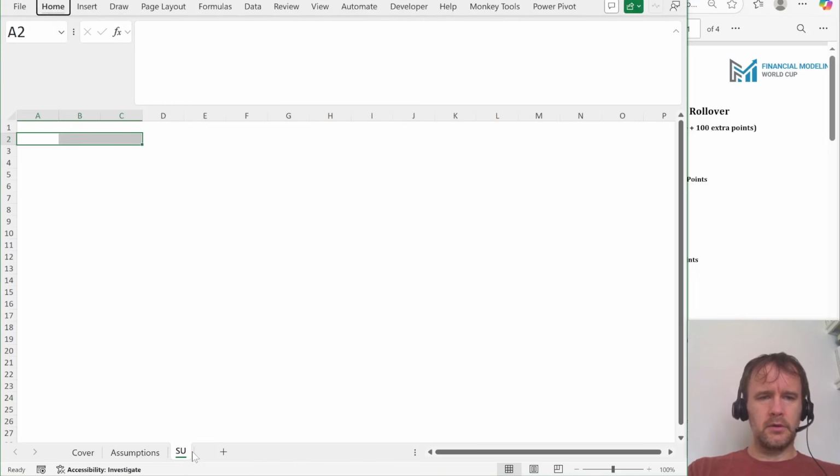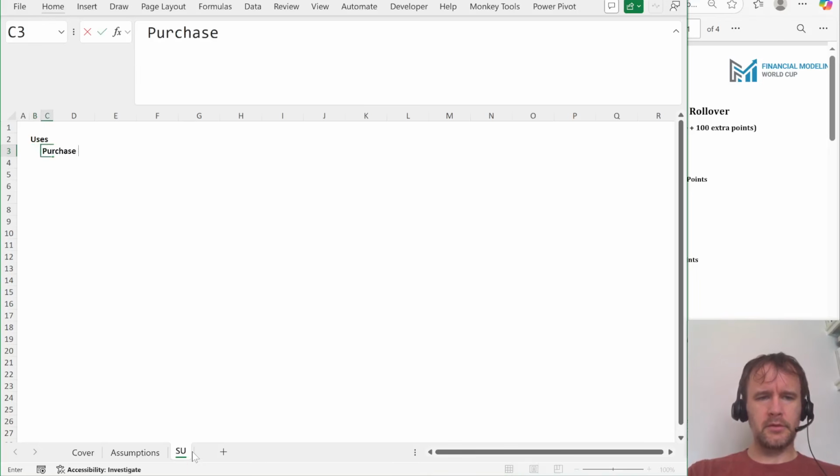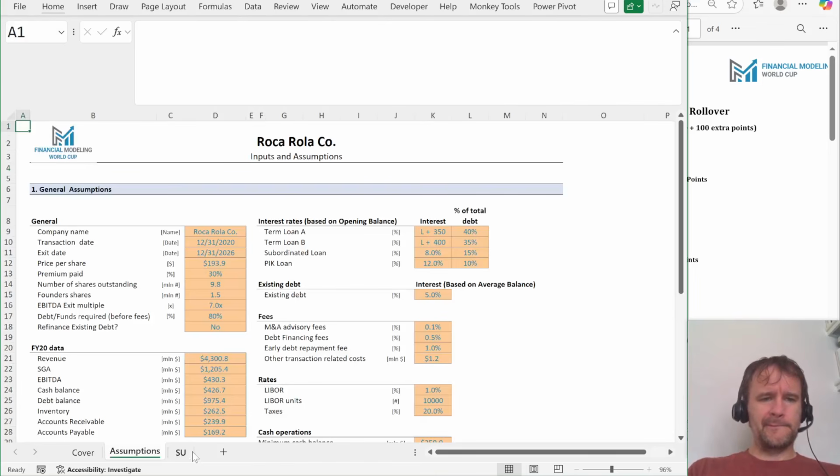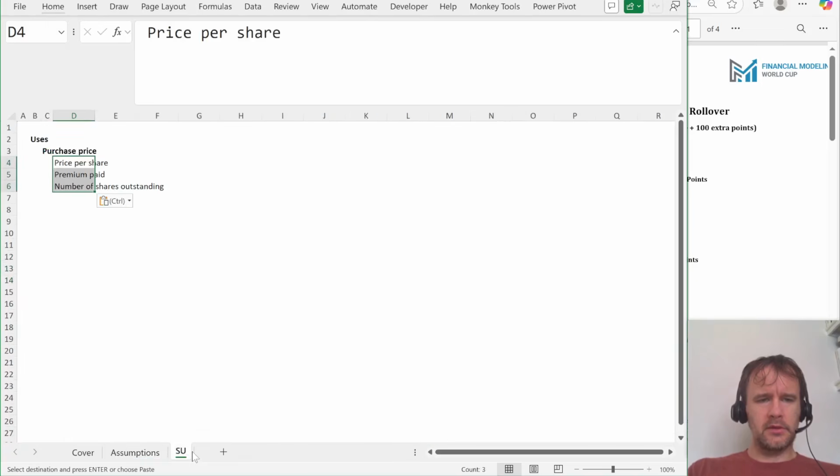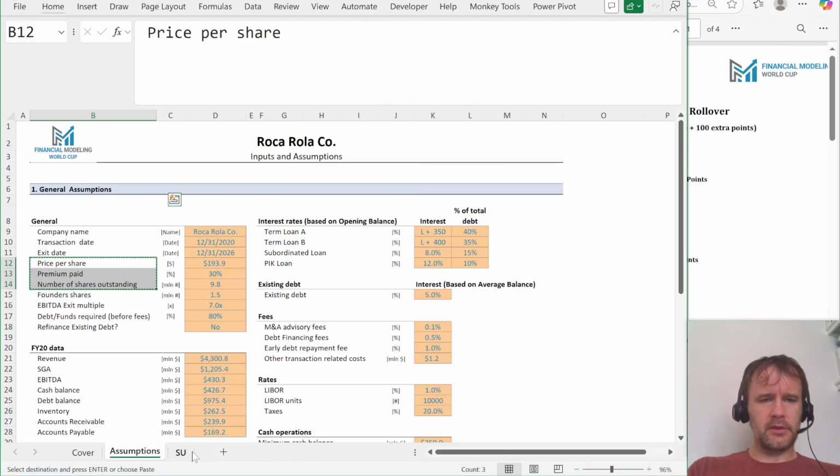So let's do sources. Easier to start with uses, I think. So we'll start with the purchase price. And for that, we're going to need these 3 things. Let's widen those out, I guess.